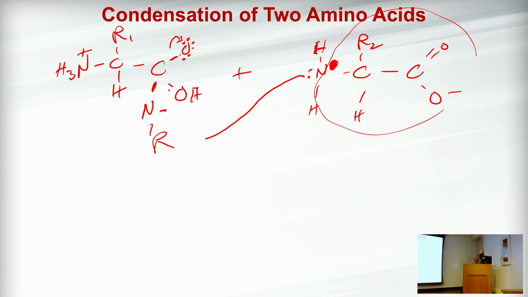Maybe I'd have them both still here. Maybe my electrons could actually return. If you think about this from a fundamental organic kind of thing, then I might get that. Then I'd reform this double bond, and maybe these electrons would go to the oxygen here.